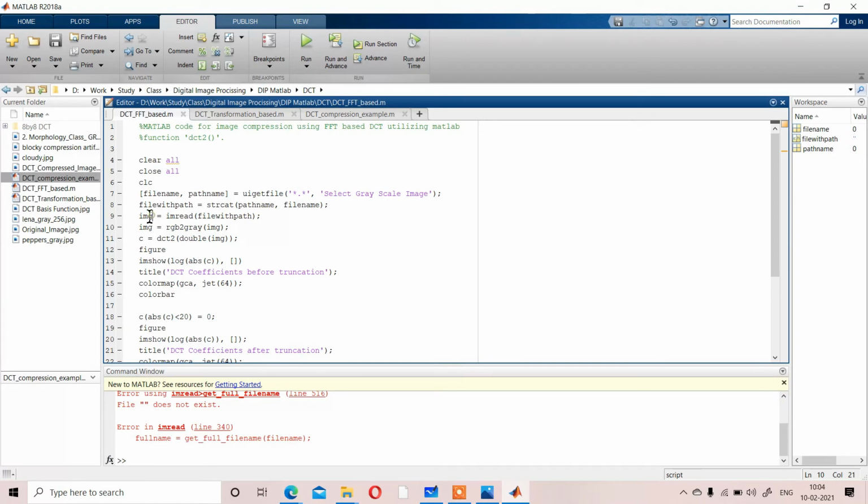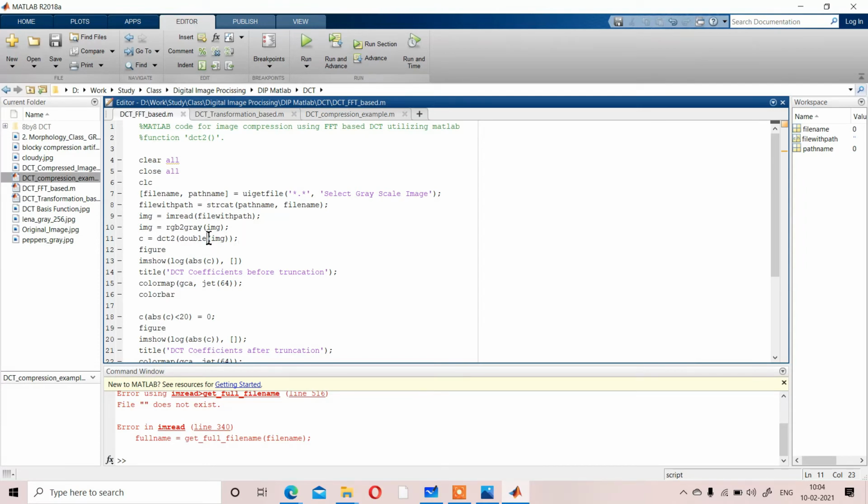So that image IMG is an RGB image, and we are converting that RGB image IMG to the gray image, and we are storing it to the same variable IMG. Now we are doing the DCT over the image. C equal to dct2 of double of IMG. So I am doing the DCT over the image IMG and I am storing it at C.